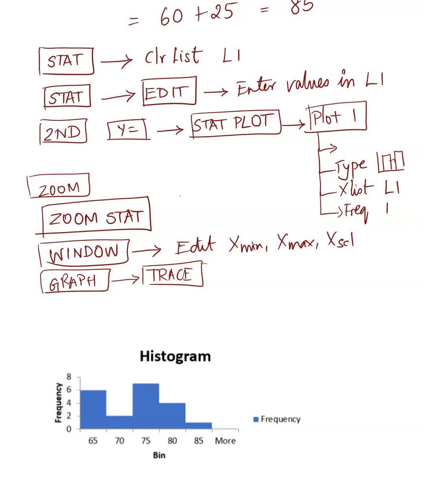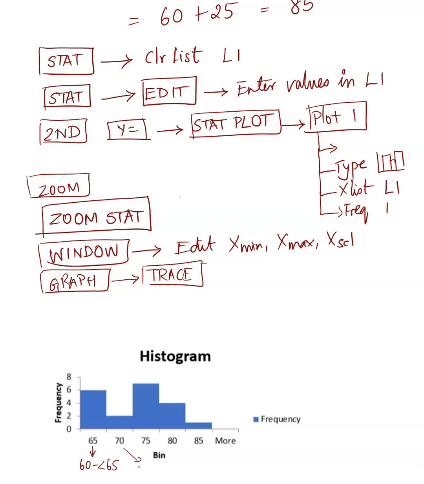But when you do the trace, it also shows you minimum 60 to 65. So you can see that this part is 60 to less than 65, right? Because it says maximum is less than 65. So this one is the second bar. When you click trace, your cursor is already on the first bar.